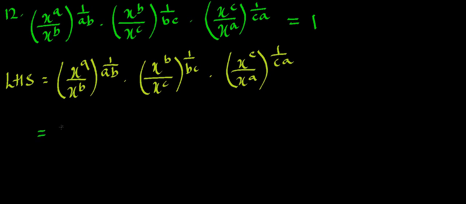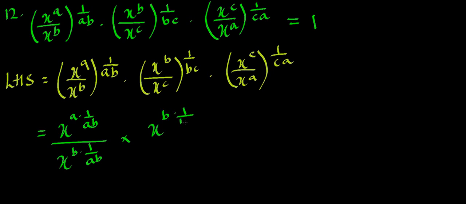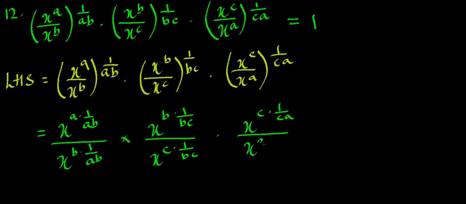We will have that is equal to x raised to a into 1 upon ab upon x raised to b into 1 upon ab, into x raised to b into 1 upon bc upon x raised to c into 1 upon bc, into x raised to c into 1 upon ca upon x raised to a into 1 upon ca.